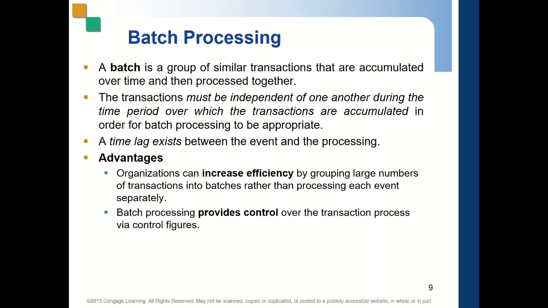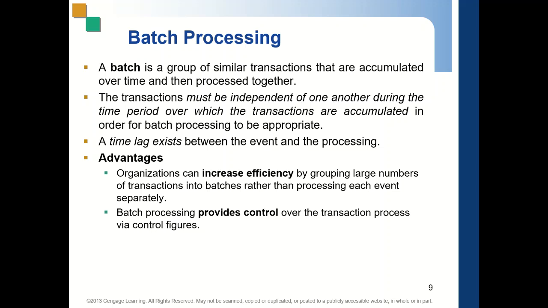If you are accumulating transactions today, maybe on a daily basis, and you process them only in the evenings, then a transaction that comes at 3 should not depend on a transaction that occurred at 11 during the same day, because the transaction that occurred at 11 has not yet been processed. But it will be okay for the transaction that comes at 3 to depend on a transaction that came at 11 yesterday, because yesterday's transactions were processed already yesterday evening.